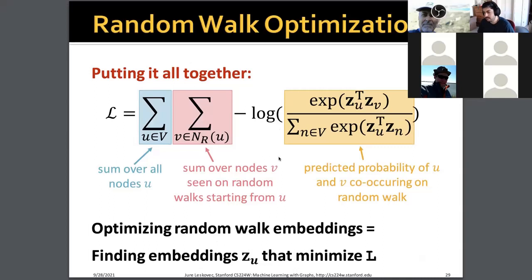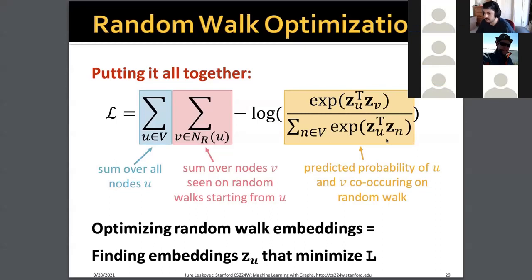Basically, the way that we're going to train this and gather this information is we're going to sum over all of the nodes U, and then we're going to sum over all of the nodes that are within the neighborhoods of U. And then we want to maximize the probability that we get the similarities close between the ones that were actually in the neighborhood and the ones that aren't actually in the neighborhood. And we'll talk more in detail about some of these steps.